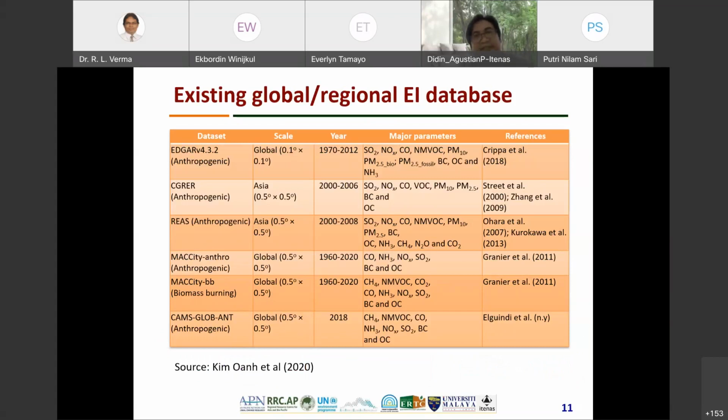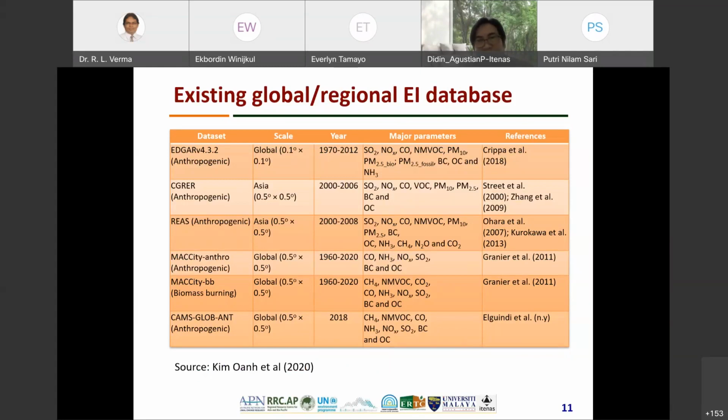These resources have also been presented earlier. The existing global databases of emission inventory include several data sets, and they have their own features. They are available for various scales of implementation and time periods.